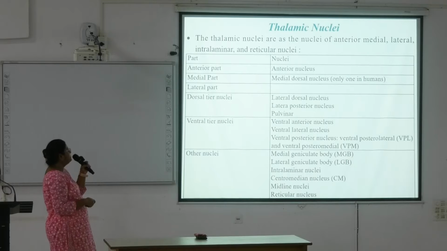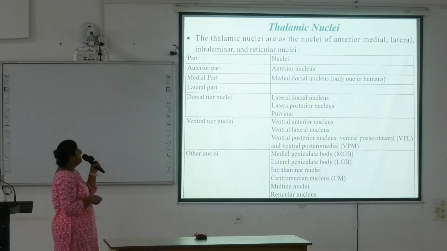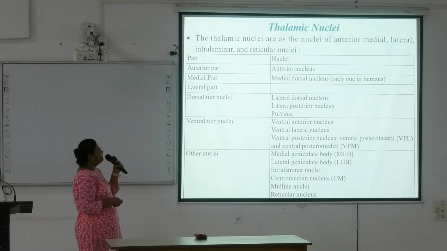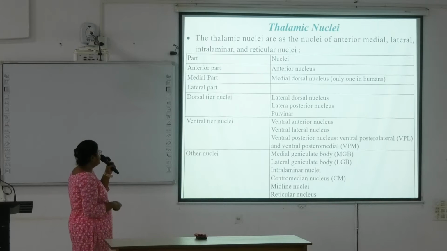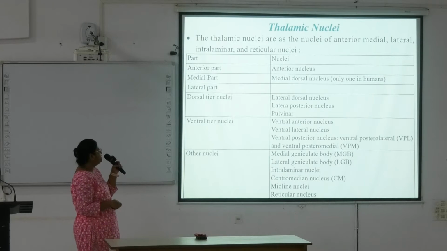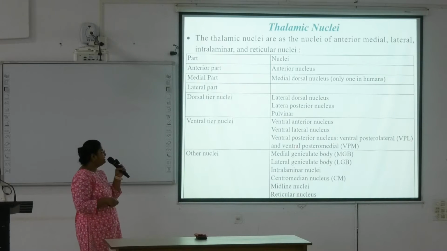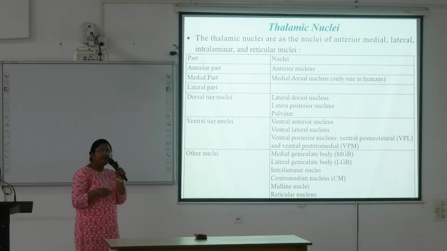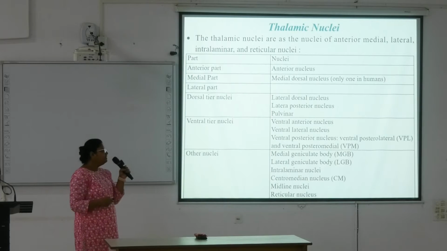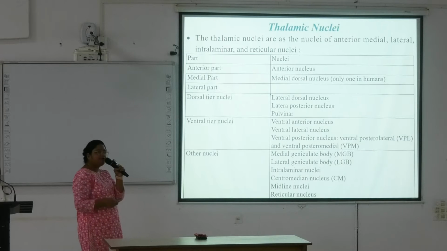So the dorsal tier of nuclei contains the lateral dorsal nuclei, lateral posterior nuclei, and pulvinar nuclei. The ventral tier of nuclei consists of ventral anterior, ventral lateral, and ventral posterior nuclei. Ventral posterior nuclei are again divided into two parts, ventral posterior lateral, VPL, and ventral posterior medial, VPM.